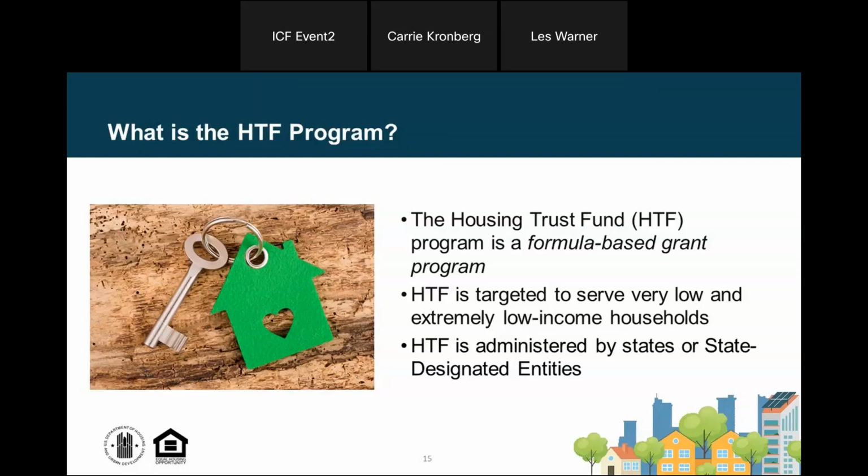Their priorities and funding levels are going to be different on a state-by-state basis, and that allocation plan will call out what the activities are that they would fund, and what specific eligibility requirements they've put in place for any trust fund recipients receiving funding from that state. So it'd be an important starting point to look at that state and what their specific program requirements are going to be.